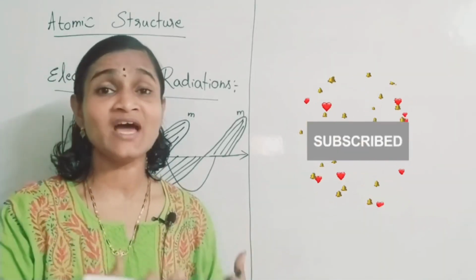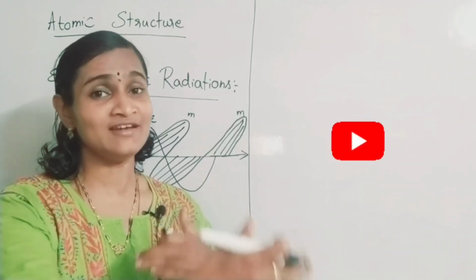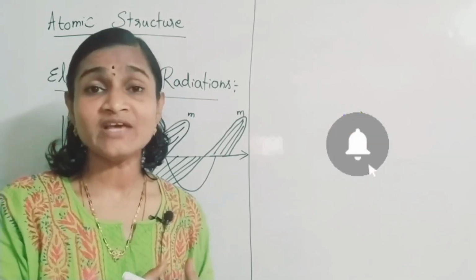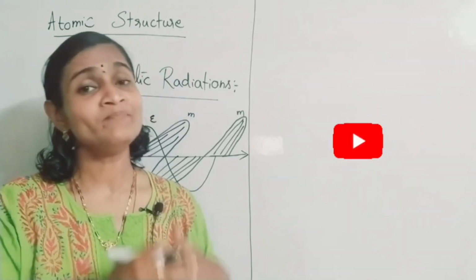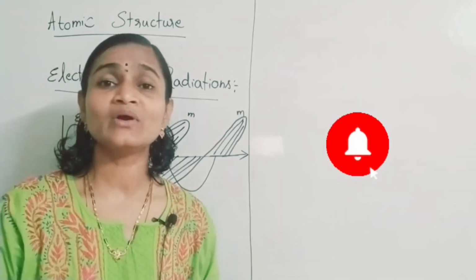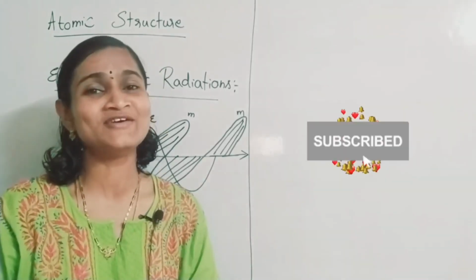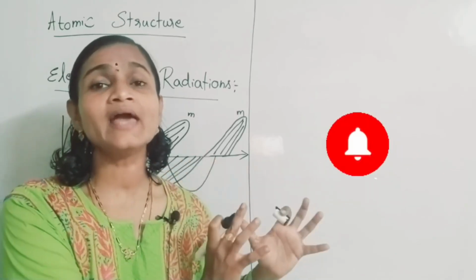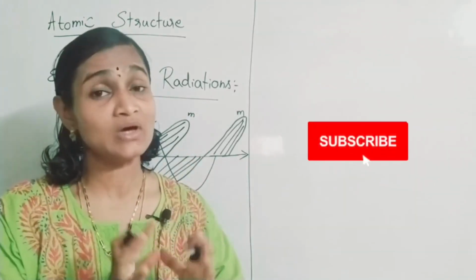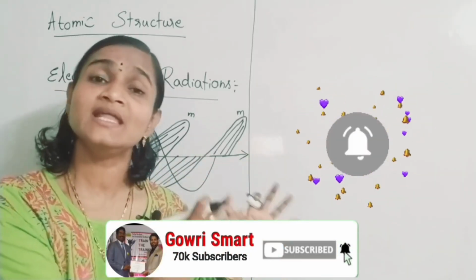That's why first we have to study electromagnetic radiations, and then go for the discovery of the electron. For the discovery of the electron you have to go with cathode rays and anode rays, which you have already learnt from class 9 onwards. Regarding EAMCET and IPE, I am going through only the required concepts in this video.